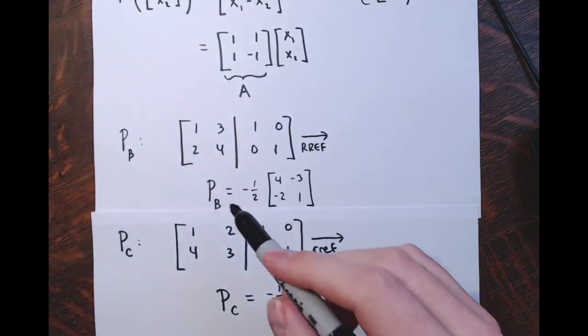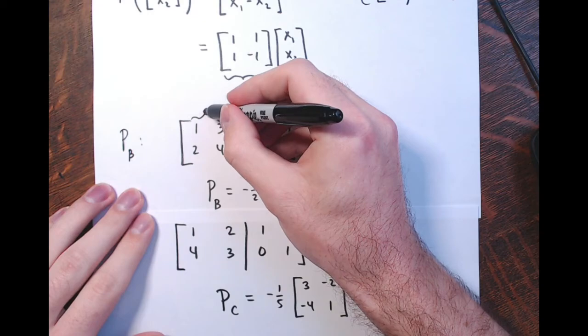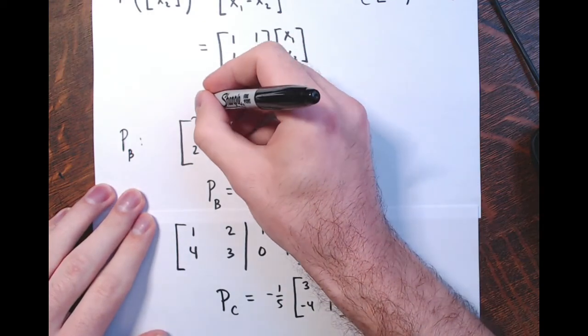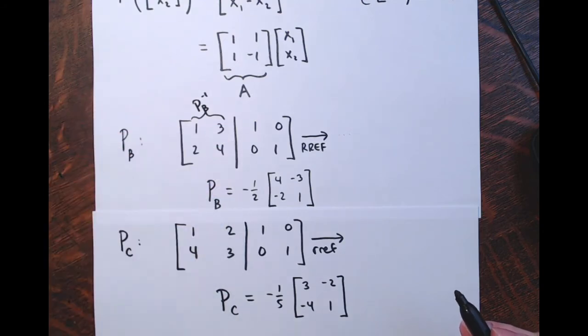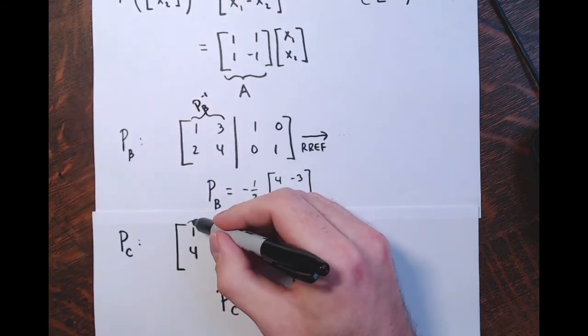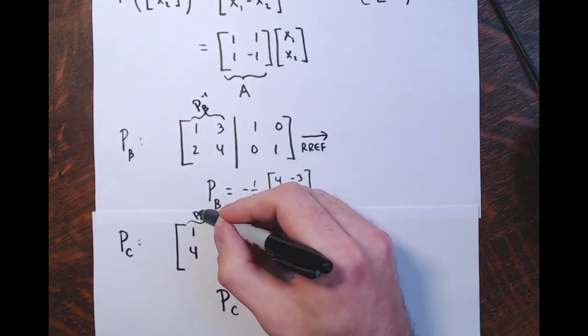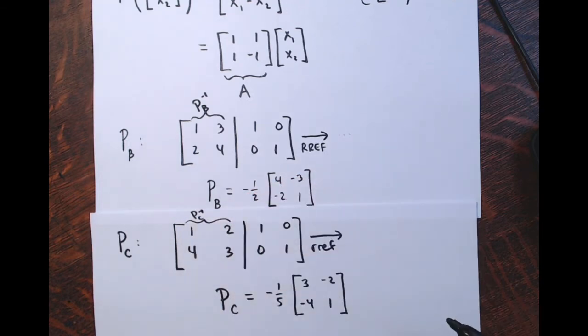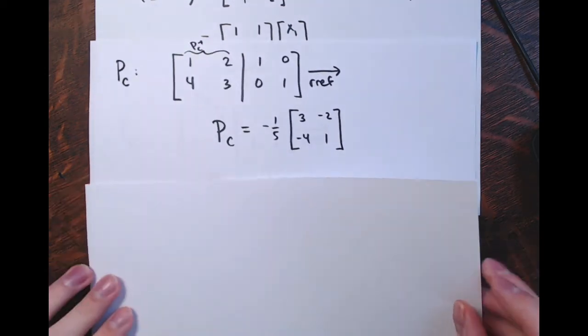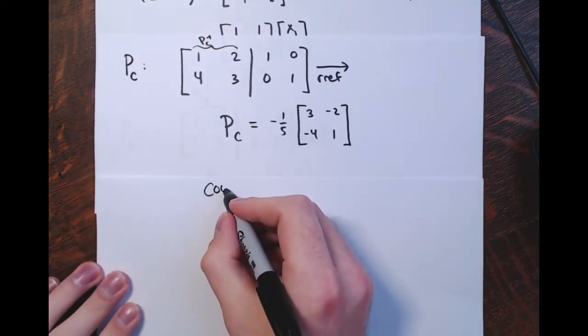And PB inverse would just be what I started with before I found PB. Right? PB inverse is simply the matrix where vectors from B are the columns. Same thing would be for PC inverse. PC inverse would be a matrix where the columns are just from C. And like I said, I'm going to draw up another map, a coordinate map, like I did before.